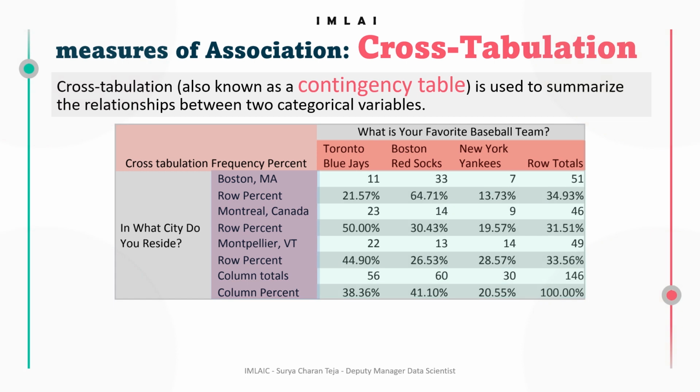The cells of the table report the frequency counts and percentages for the number of respondents in each cell. In this table, the text legend in the cross tab describes the row and column variables.